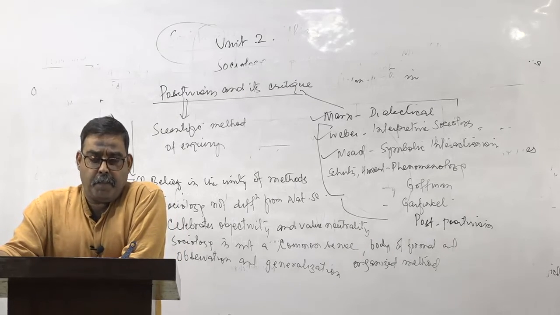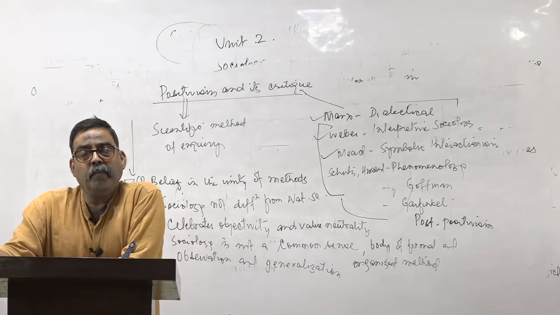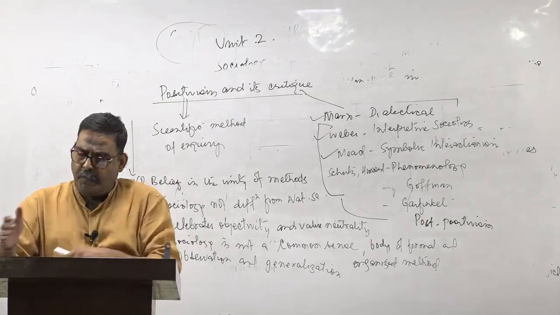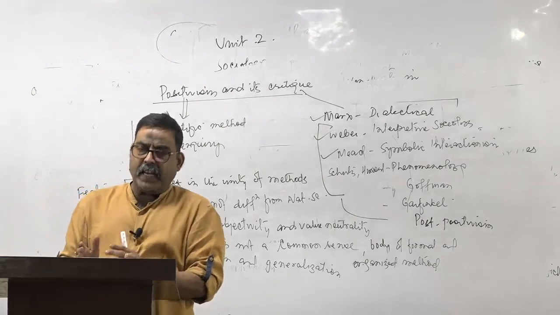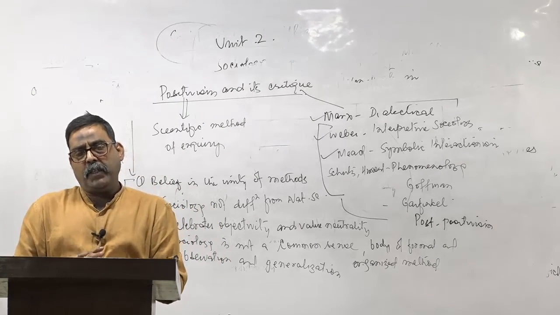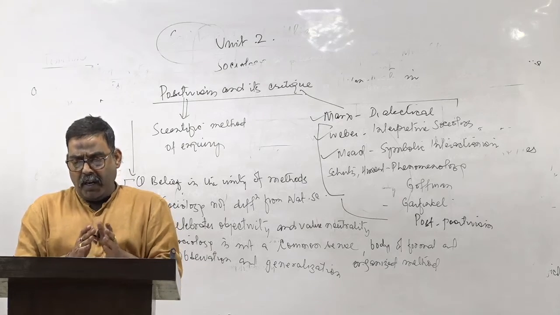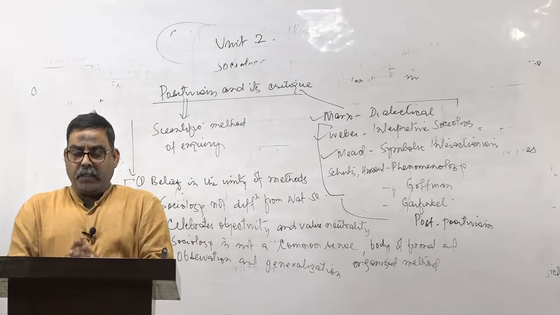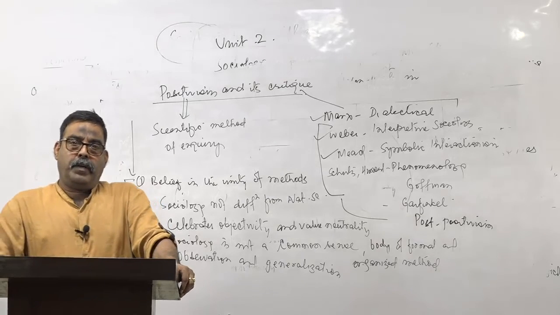Question of objectivity, value-free sociology, such kind of things are being emphasized in sociology by the positivist. Slowly and gradually, as sociology is institutionalizing and establishing, these debates are also emerging.